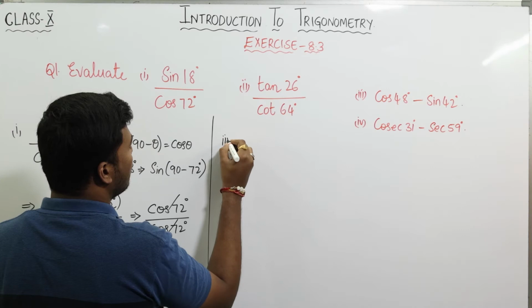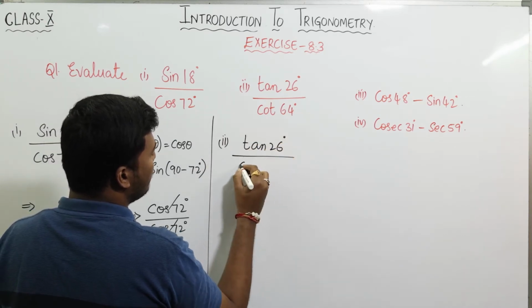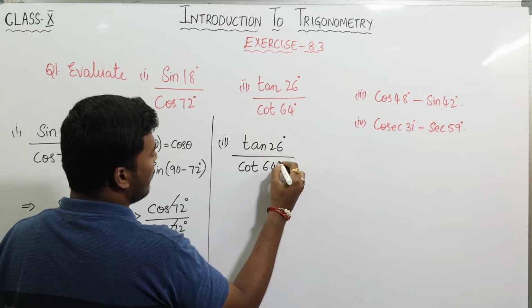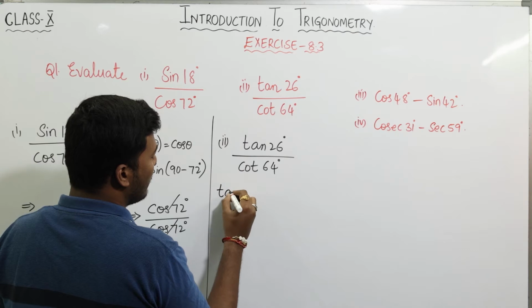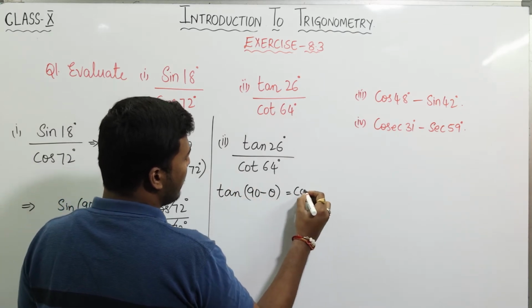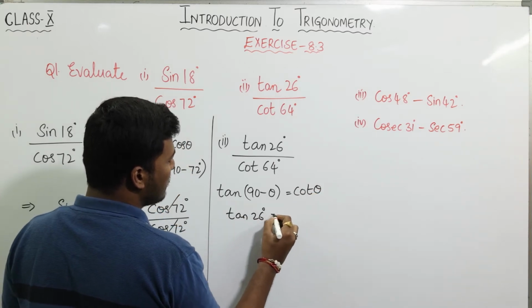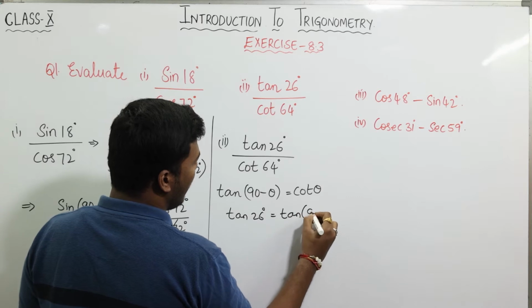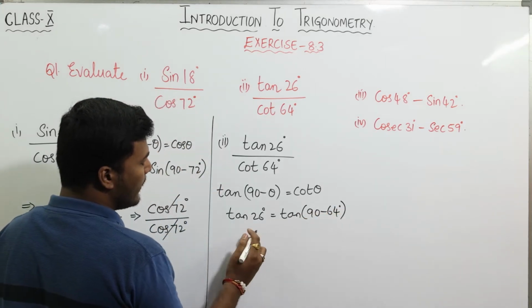The second bit, that is tan 26 by cot 64. Here also select either numerator or denominator, using tan 90 minus theta equals cot theta. So we are writing tan 26 degrees as tan 90 minus 64 degrees. 90 minus 64 is 26.